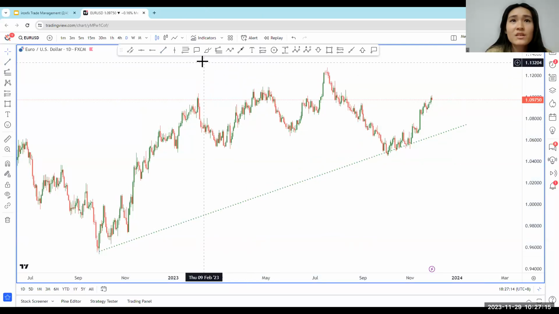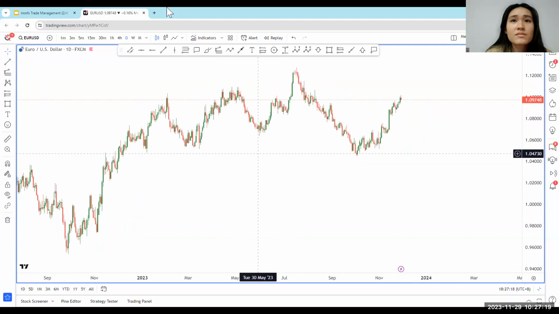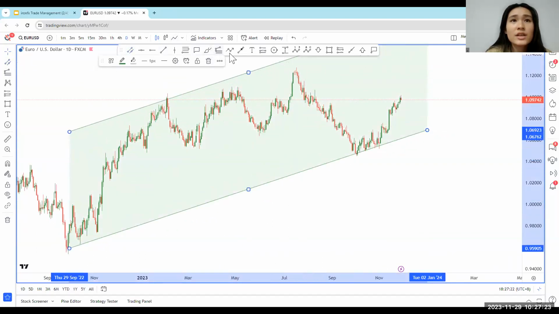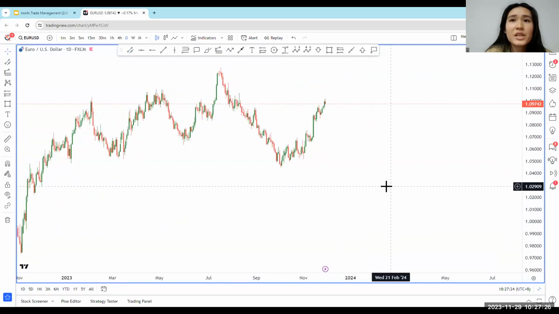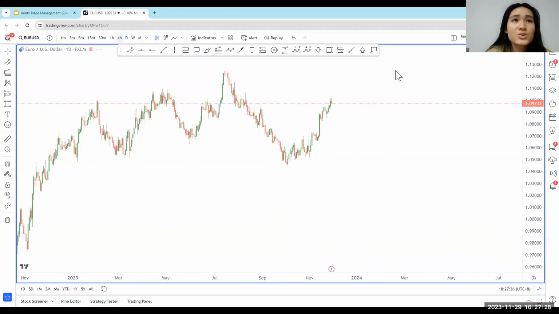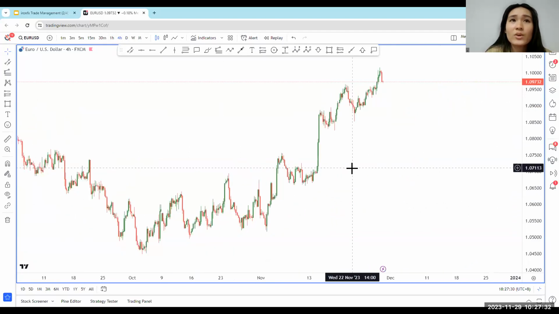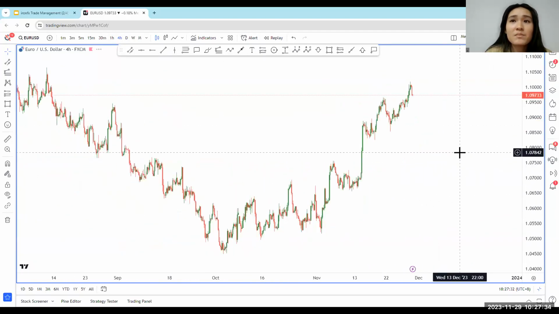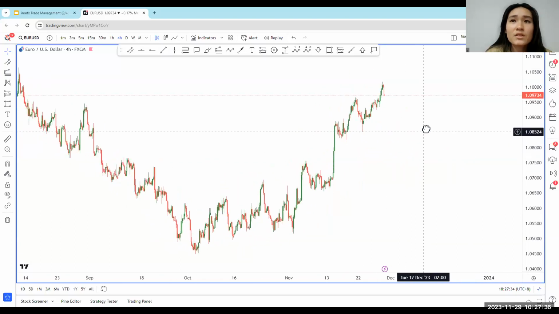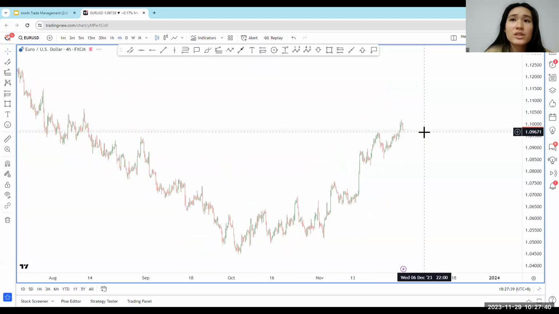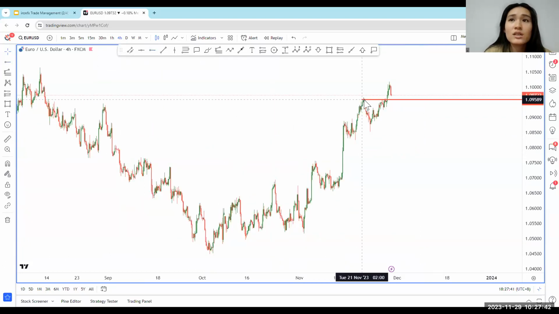Let's see if we have a channel. No, but pretty bullish here as well. Definitely an uptrend here on our 4-hour time frame.